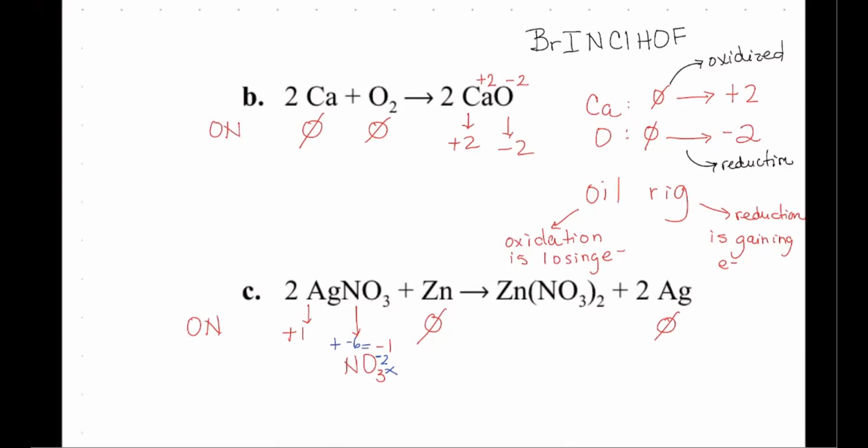I'm just teaching it to you to remind you of it. If I have NO3 -1, the addition of the oxidation number for nitrogen plus the total oxidation number for oxygen needs to equal -1.